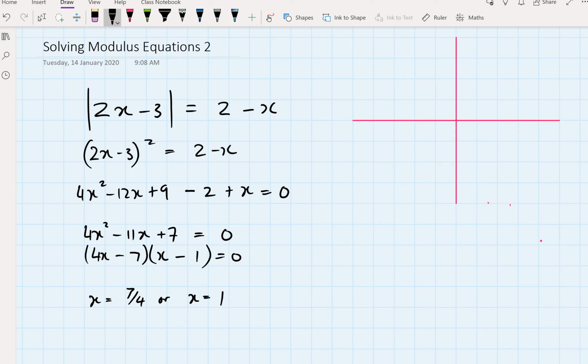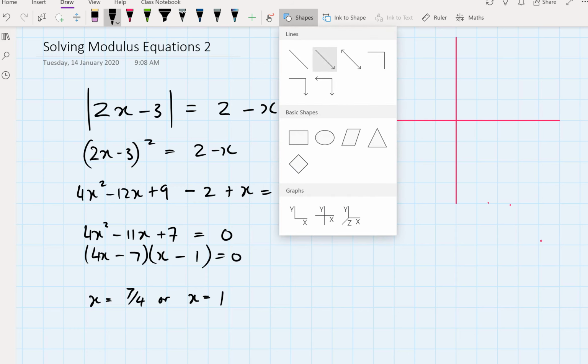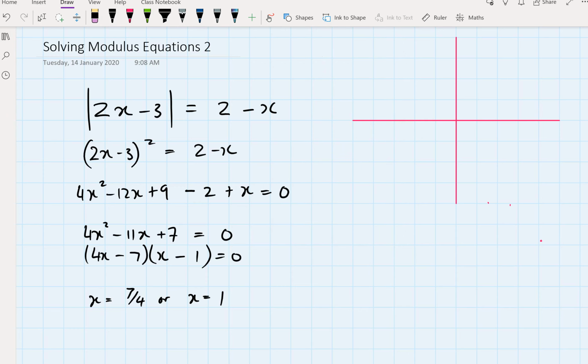It's going to go through 2 on the y-axis, so it'll be a line that goes something like that. There's my line, y is equal to 2 minus x.